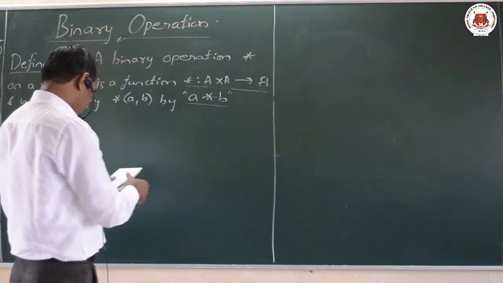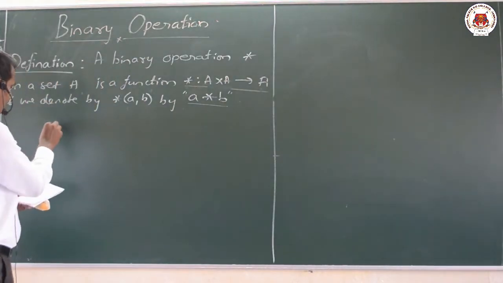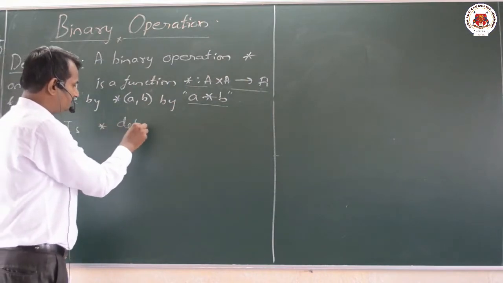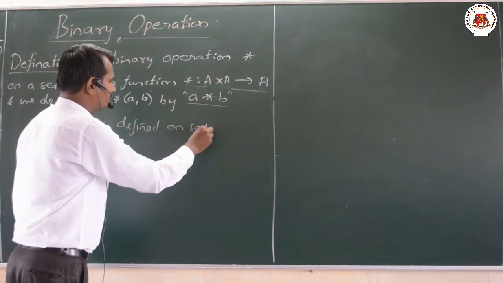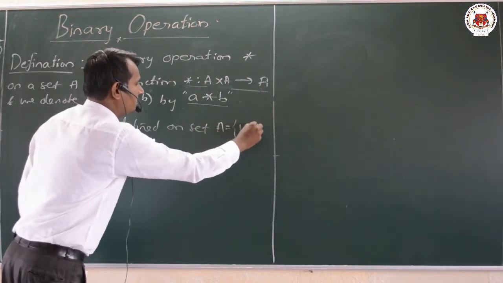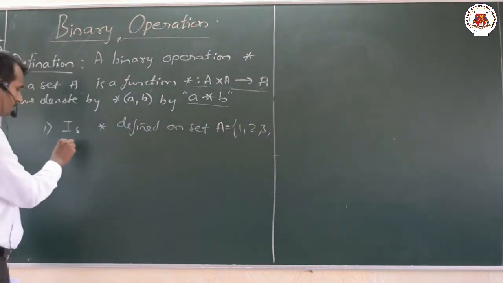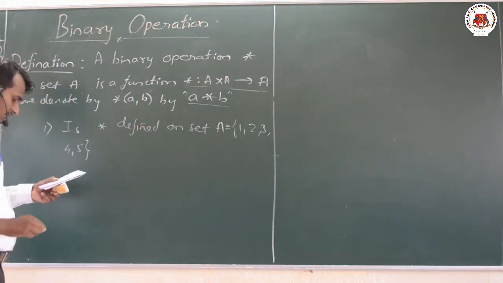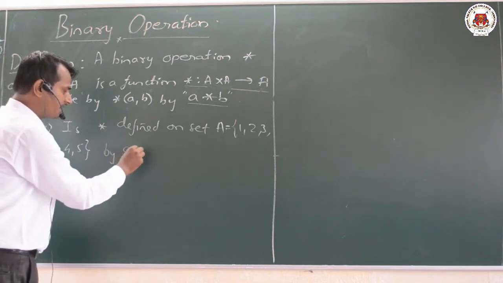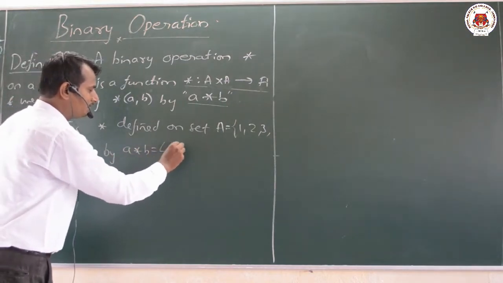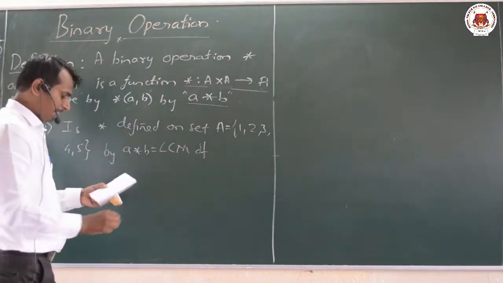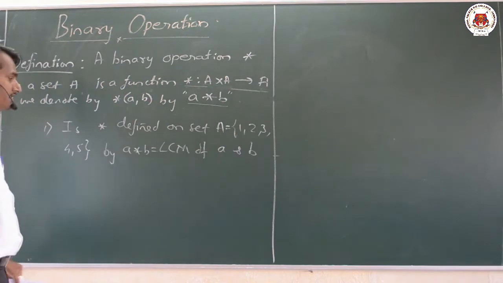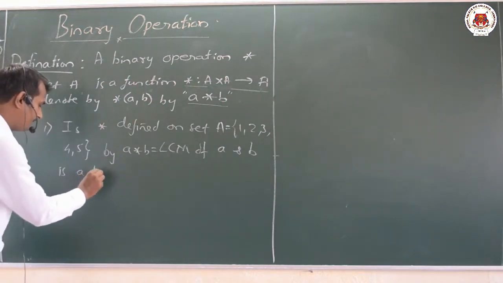Let us move on to the first example. Star defined on set A equal to {1, 2, 3, 4, 5}, by A star B equal to LCM of A and B. Is LCM of A and B a binary operation?